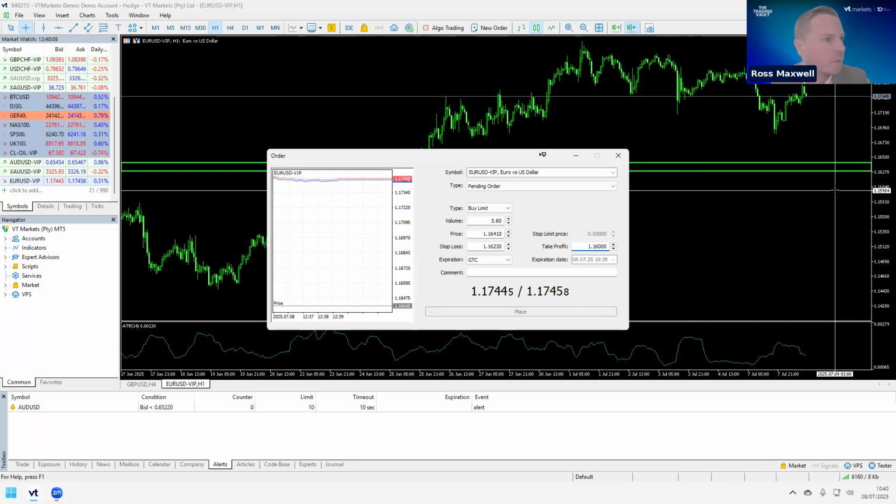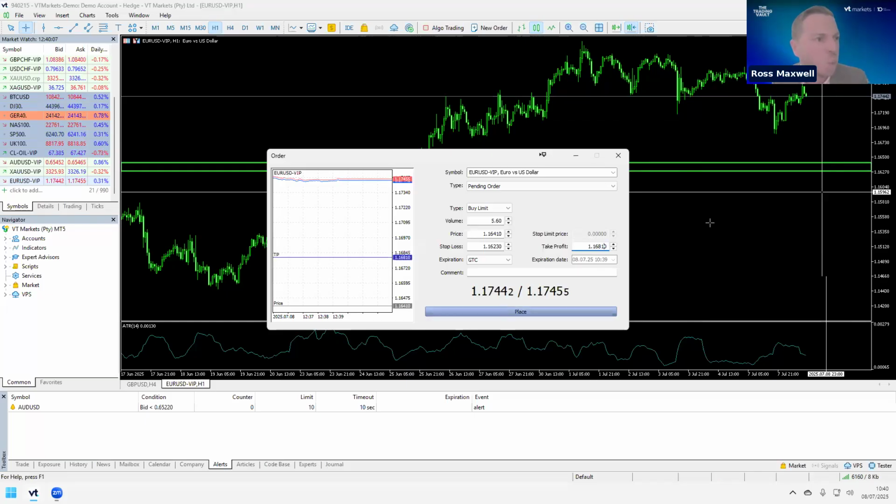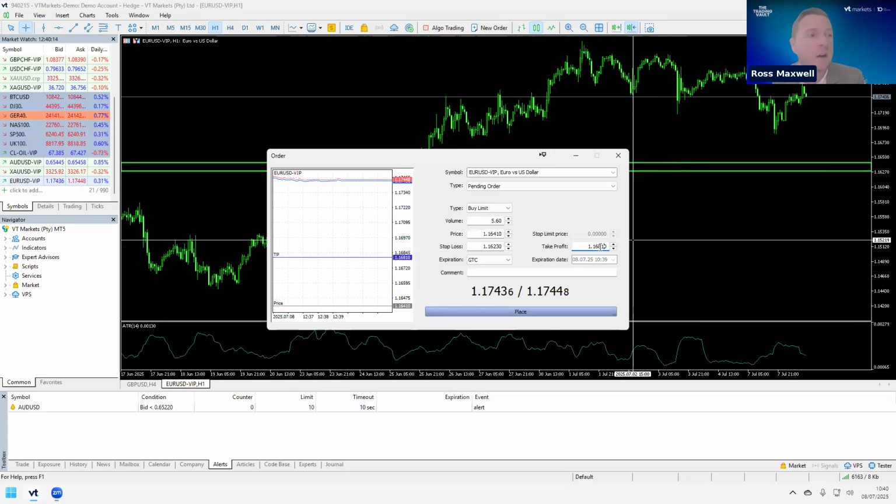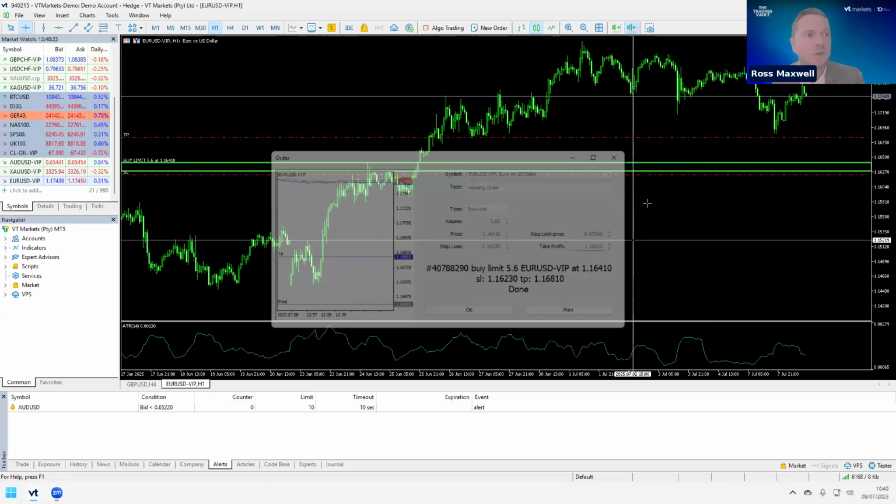Let's do 1.1681, that's 40 pips. So that is sort of 2.3 R. So yeah, a 40 pip target for an 18 pip stop loss. So it's just over a 2 R trade, 2.3.